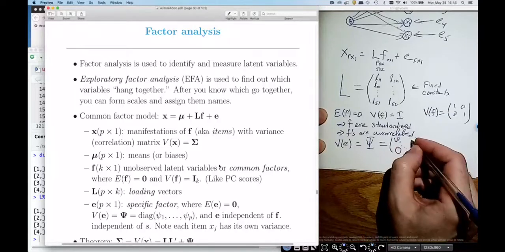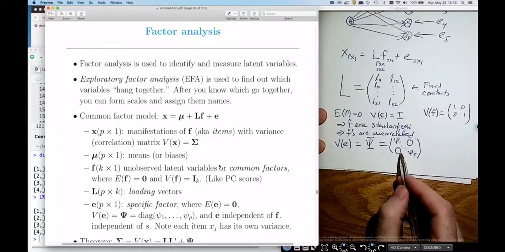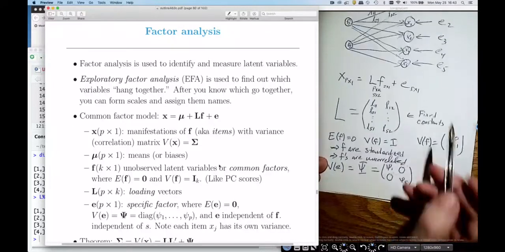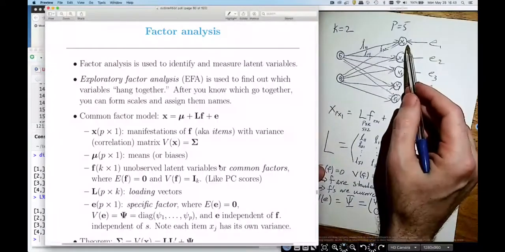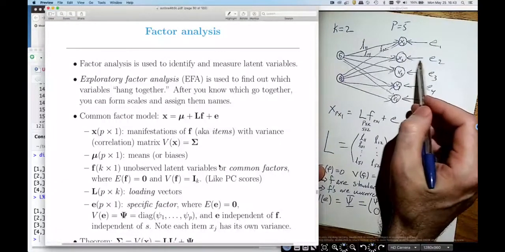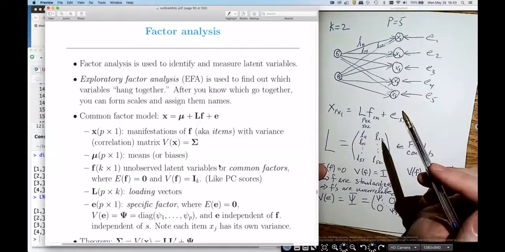We can write the fact that it's diagonal in a shorthand way like this. So all the off-diagonal elements are 0, meaning the error that affects whether or not you got this one right is unrelated to the errors that determine your performance on the second measure that I have.